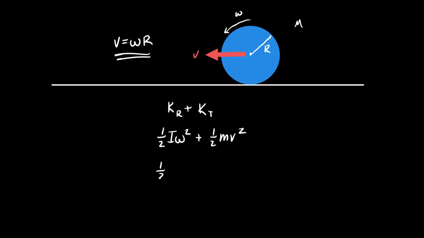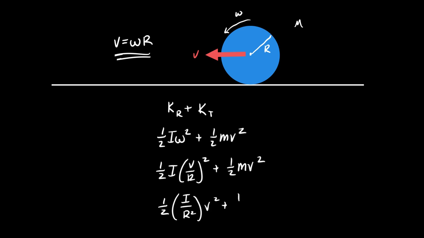That means automatically that substitution is always in play for things that are rolling. I'm going to be able to put in v over r for the omega. If I just do a little bit of regrouping, I get I over r squared here for everything that rolls.